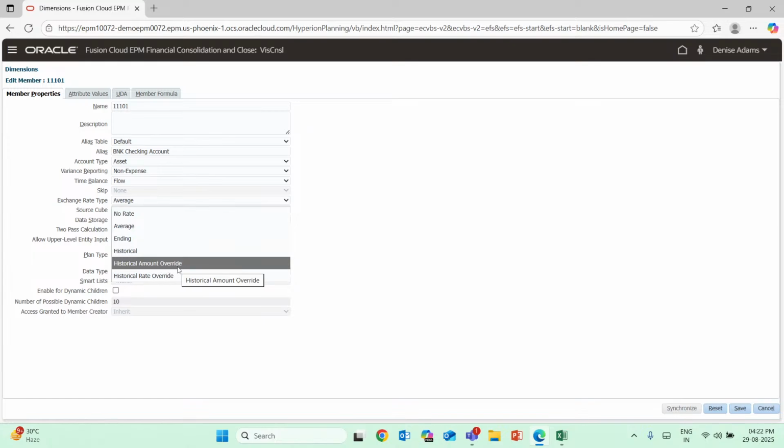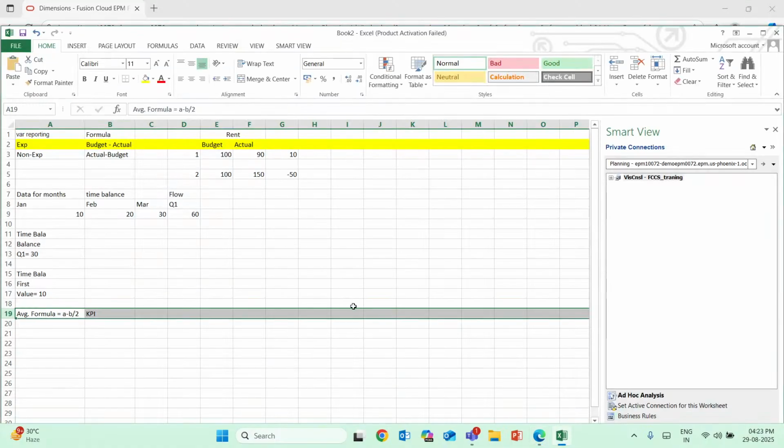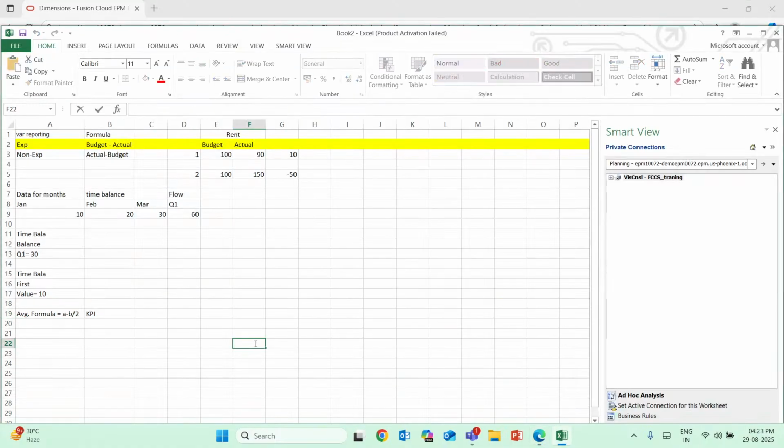Then we have historical amount override, or I can say historical amount and rate override, and both are the same. So here the historical amount is overridden and the rate is overridden. With an example I'm going to explain, let's take this as USD to INR.